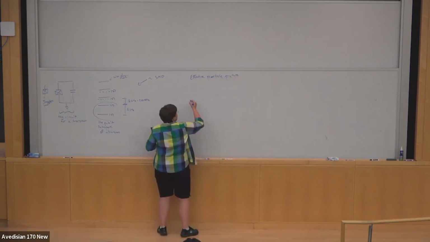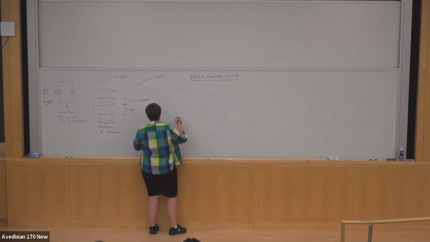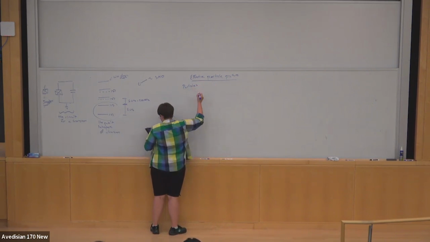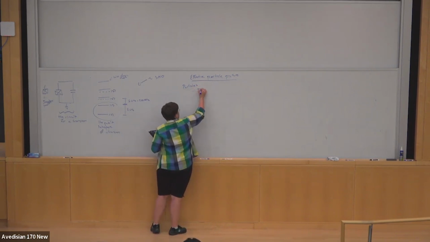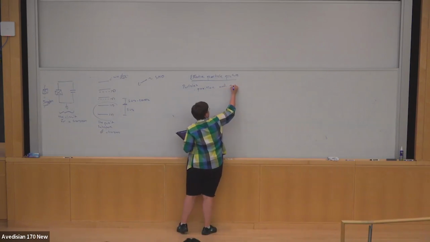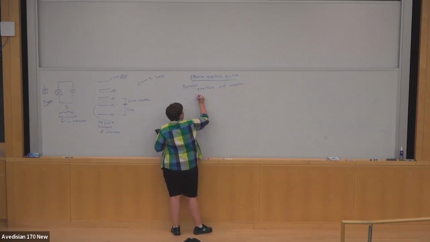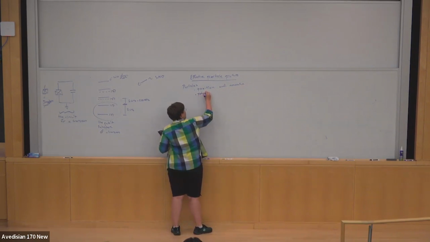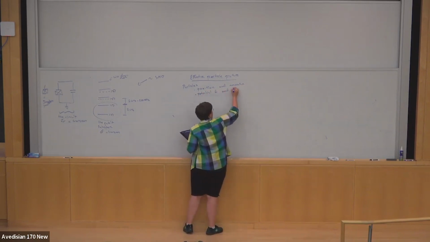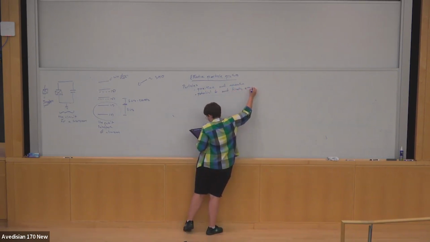Okay, so we have a circuit picture, and what we want is a physics picture, right? And so particles, what do they have? Right? They have position and momentum. And they have potential energy and kinetic energy.